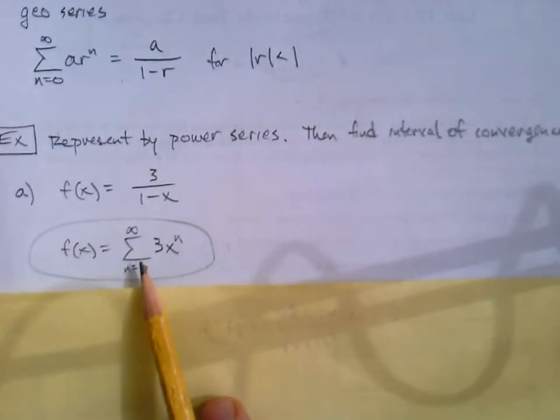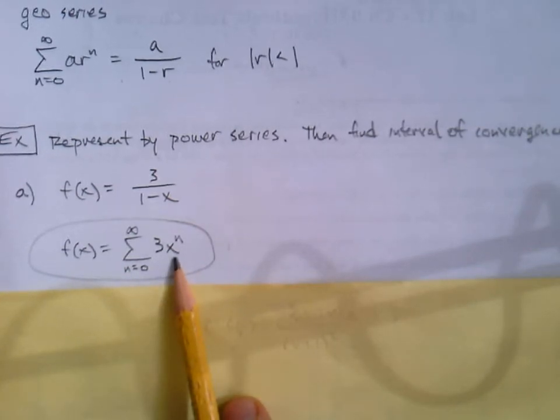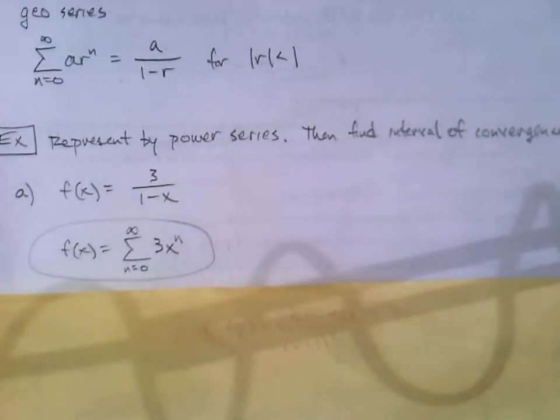The summation from n equals 0 to infinity, 3x to the n. There's our a, there's the ratio, the common ratio you call it. R equals x here, boom, we got it.